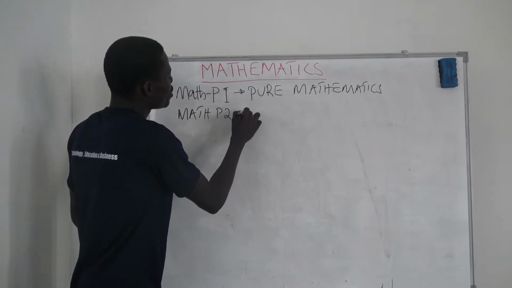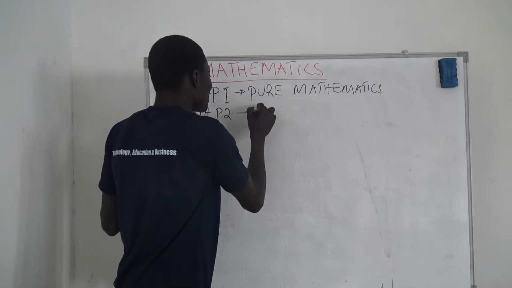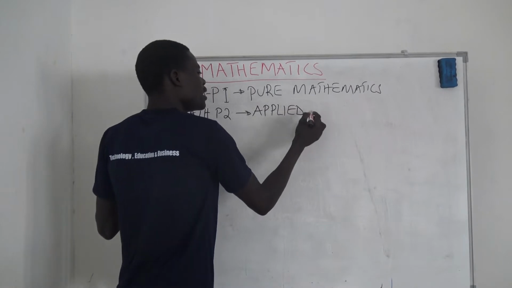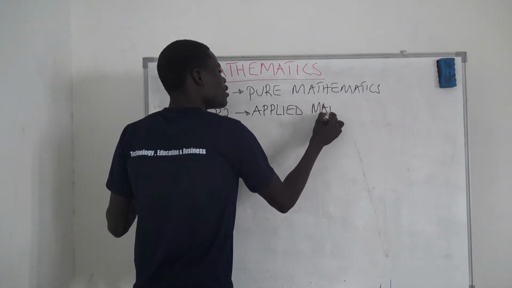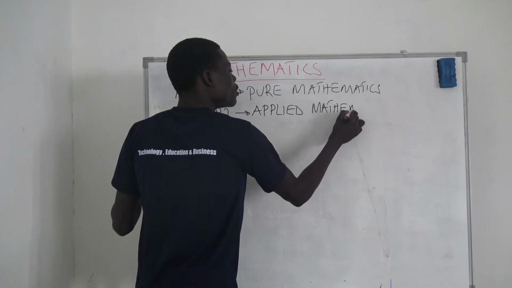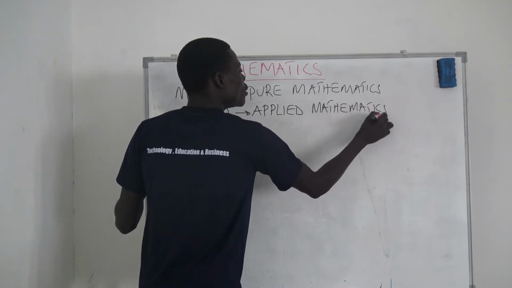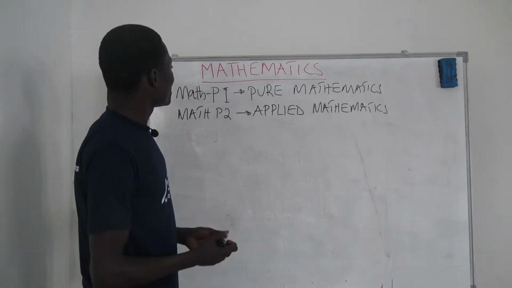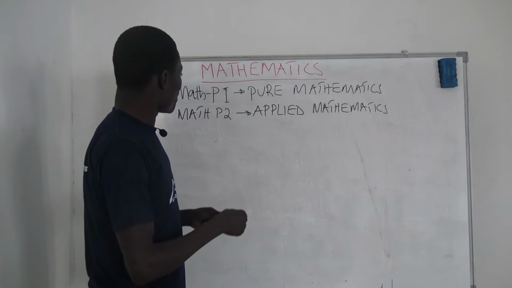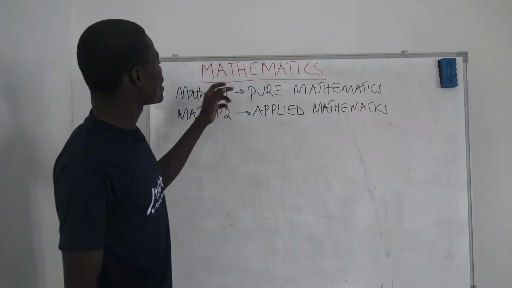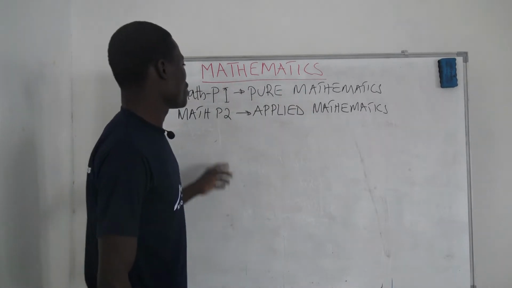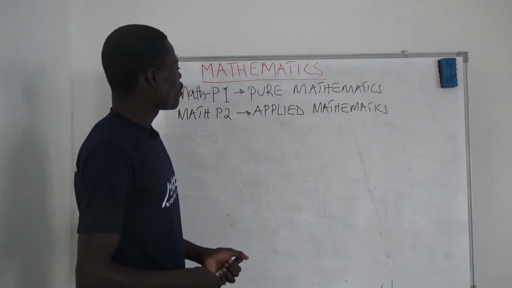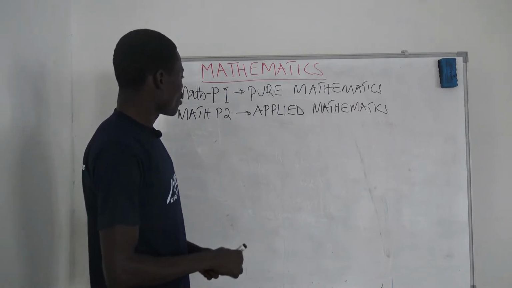Paper 2, this one is called applied mathematics. These are basically two papers of mathematics taught at A-level. We have paper 1 and paper 2. Paper 1 is the one which is called pure mathematics, and then paper 2 is the one which is called applied mathematics.